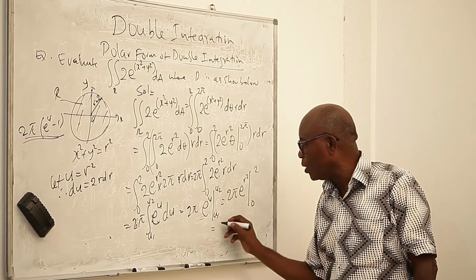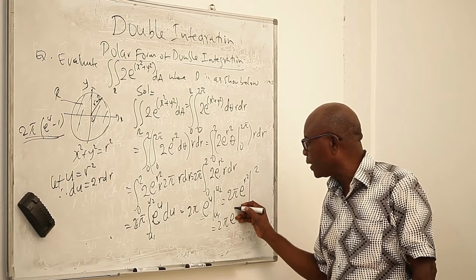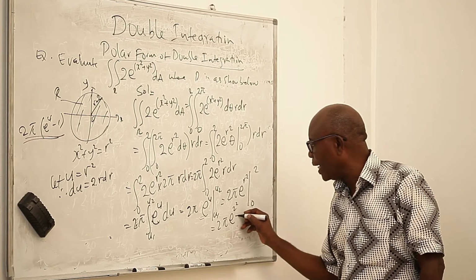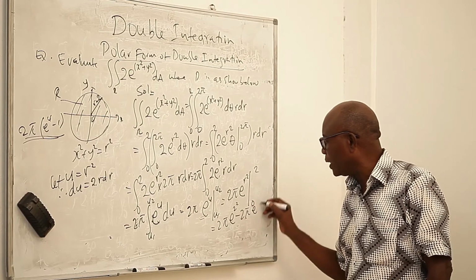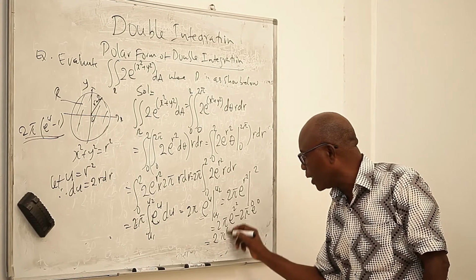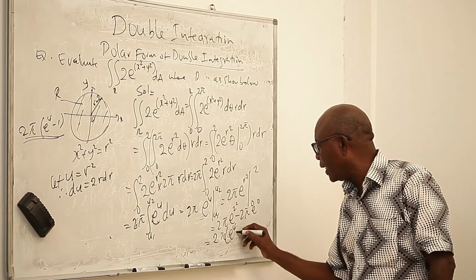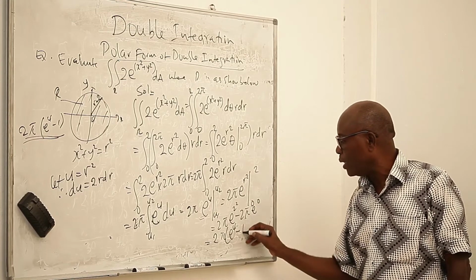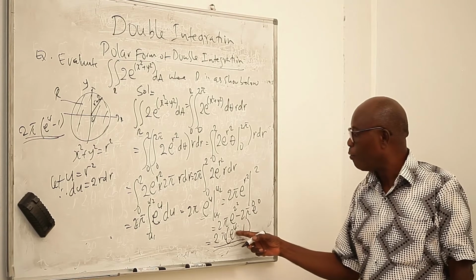So upper limit, 2π e^(2²), and then minus 2π, lower limit, if you put 0 here, e^0. So 2π is common, bring it out. e^(2²) is e^4 minus 1, since e^0 gives us 1. So we have 2π times (e^4 minus 1).